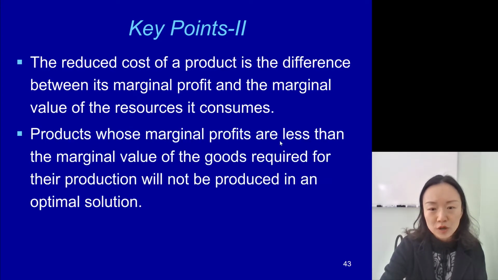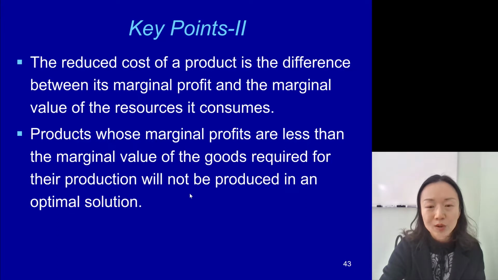Products whose marginal profits are less than the marginal value of the goods required for their production will not be produced in an optimal solution. Like the Typhoon Lagoon example, it's not going to be produced because the marginal profit of 320 is not good enough to cover the resources it consumes priced at their shadow price.